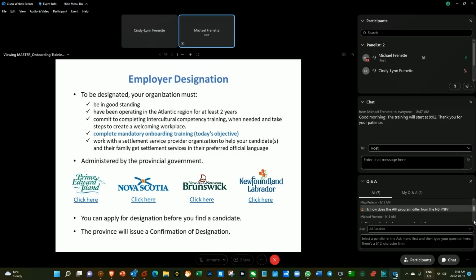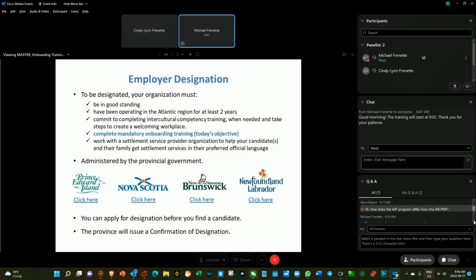You must also take steps to create a welcoming workplace and may be required to complete the competency training, which Cindy will cover later on in the presentation. You must also complete this mandatory onboarding training session, today's objective. Once you meet all these requirements, you can apply to be designated at the province. In fact, you can apply to be designated even before you identify your candidate. If your application is approved by the provincial government, you'll be issued what we call a confirmation of designation.